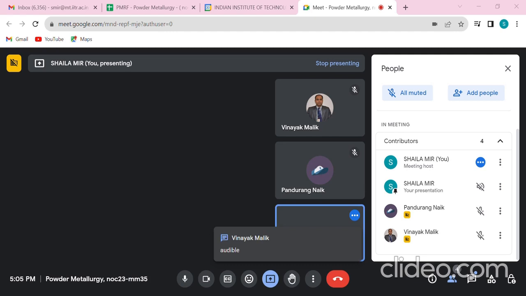So it should be remembered what kind of method we are using for processing of the powders, and what kind of shapes are expected from those processes, because that will help in your flowability of the powder, that will help in your compaction, that will also influence the final density of the final product that you are obtaining after powder metallurgy. So now this is one simple example.